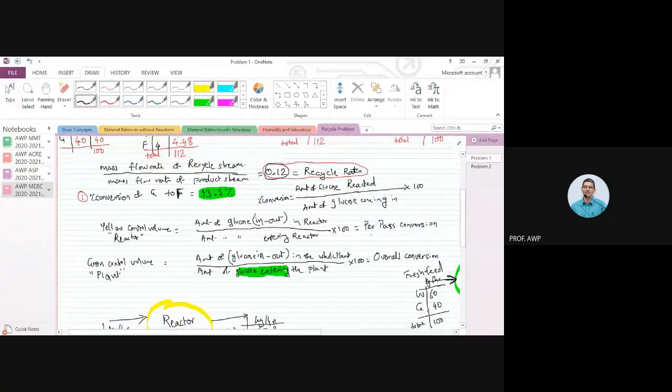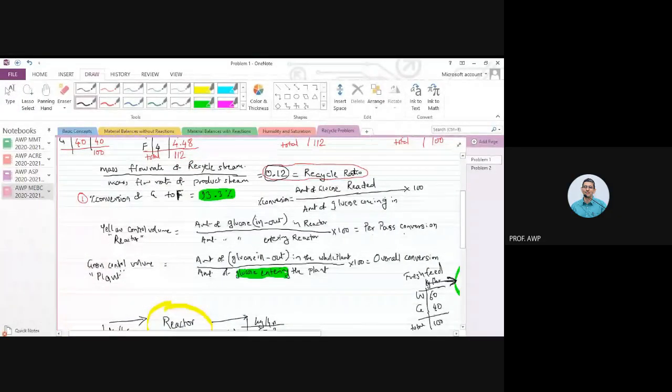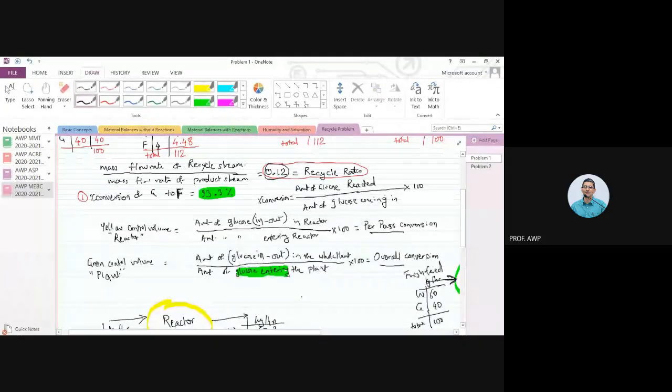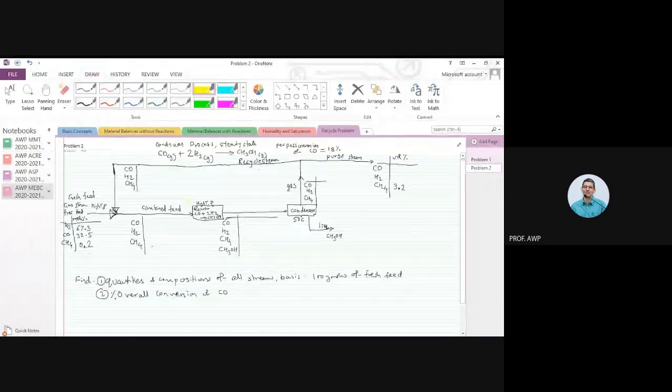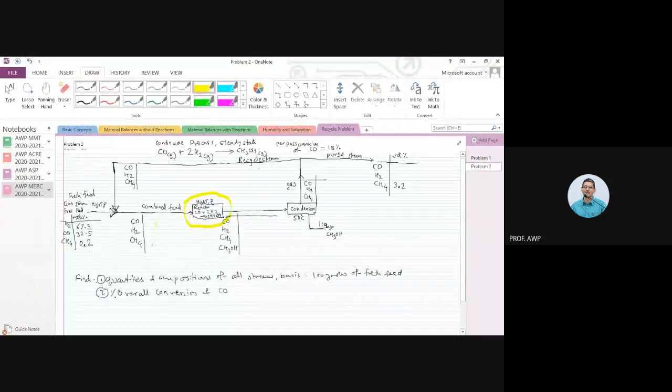Across the reactor, it is called per pass conversion. Across the whole plant, it is called overall conversion. So here the per pass conversion is 18%. Means across this yellow control volume, conversion of carbon monoxide is 18%.